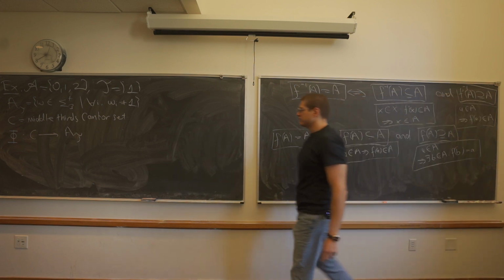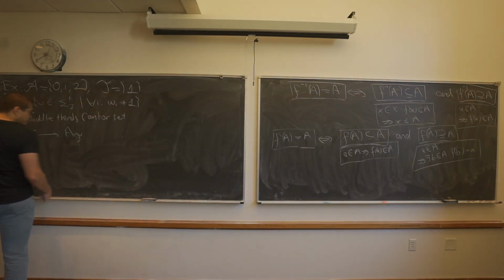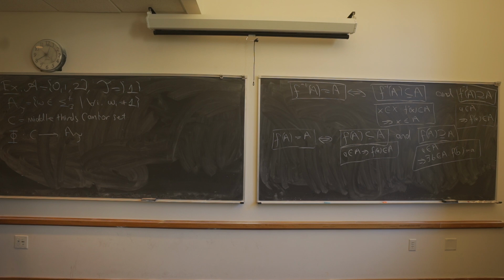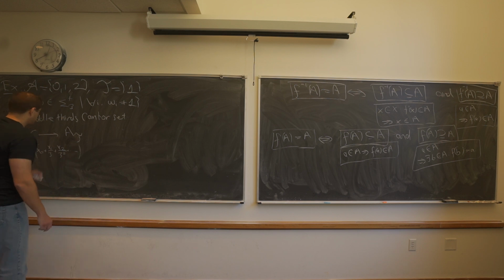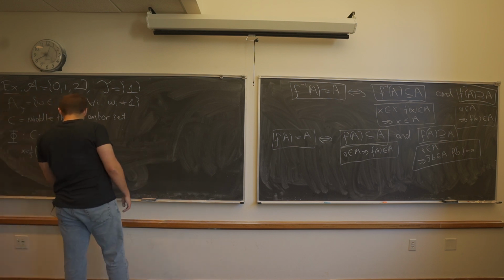Take a point x in C, so it's a number between 0 and 1, expand it using the triadic expansion, like this, and then take these entries in the powers in the series and turn it into a sequence.